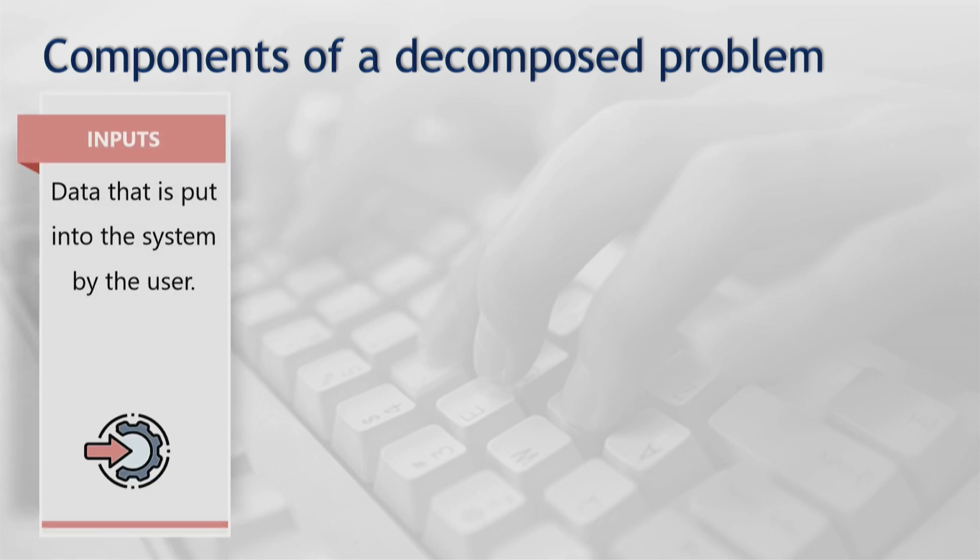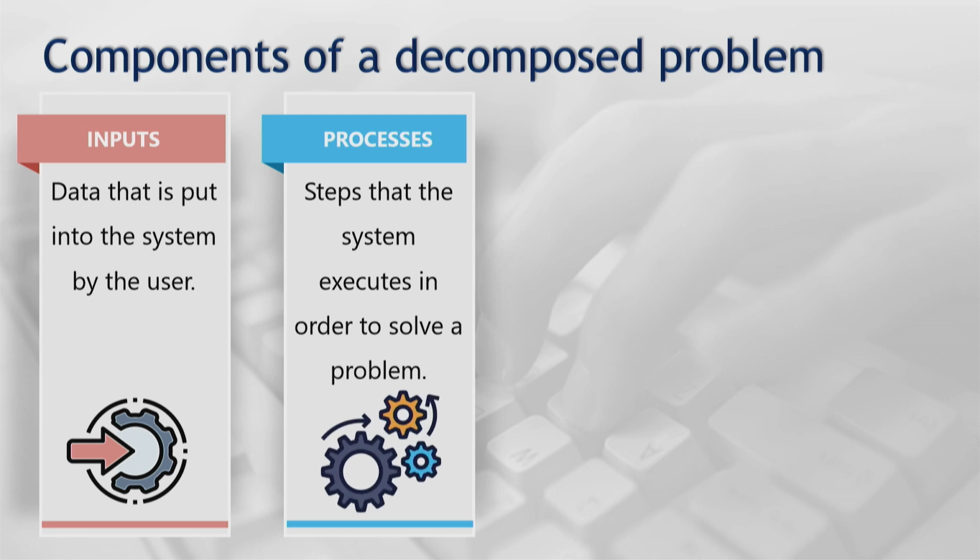A problem can be decomposed into the following four components. 1. Inputs. This consists of data that is put into the system by the user. Number 2. Processes. These are the steps that the system executes in order to solve a problem.